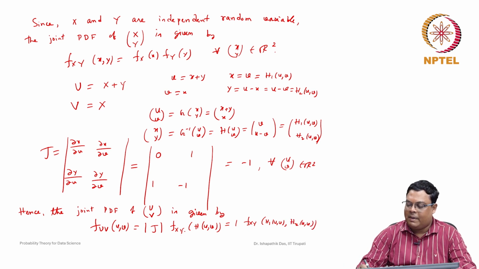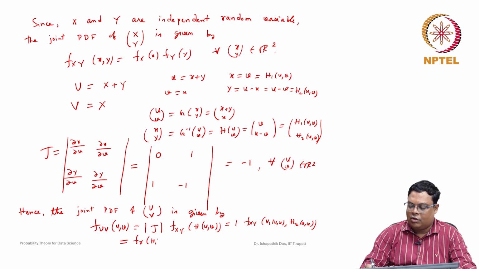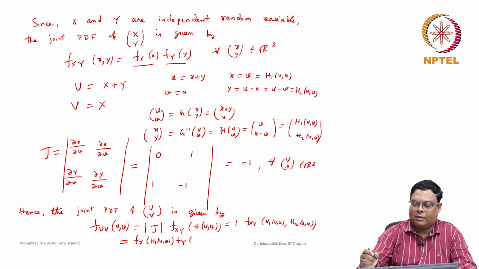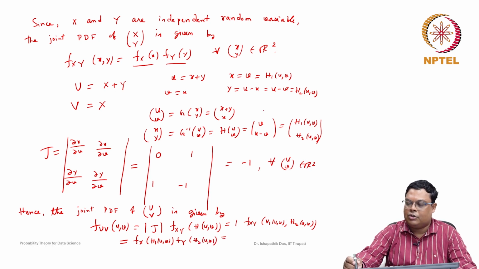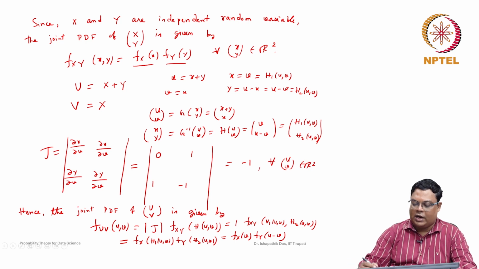Now because X and Y are independent, this will be equal to fX of h1 of (u, v) times fY of h2 of (u, v). Now h1 of (u, v) is v, and h2 of (u, v) is u minus v. So this is fX of v times fY of u minus v. So this is the joint probability density function.